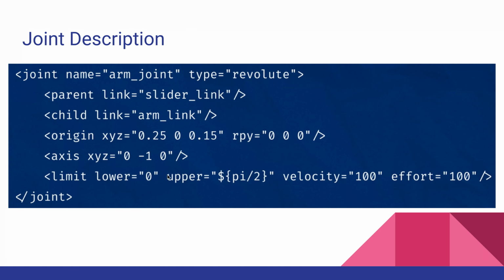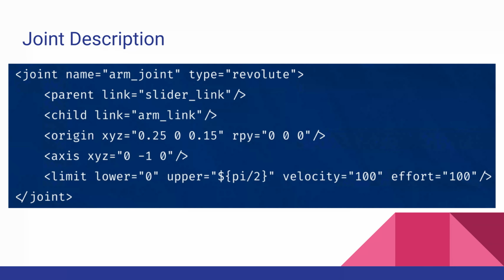Then we actually give a lower and an upper limit of the joint, so it cannot go below 0 degrees and cannot go above pi by 2 radians, that is 90 degrees. Okay. And the maximum velocity that it can achieve is 100 radians per second, and the maximum effort is 100 newton meters. So this is how we generally describe a particular joint.